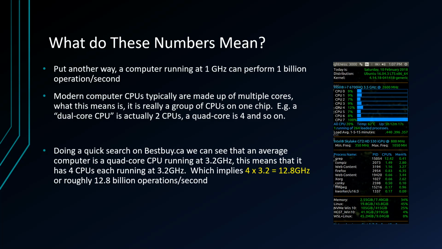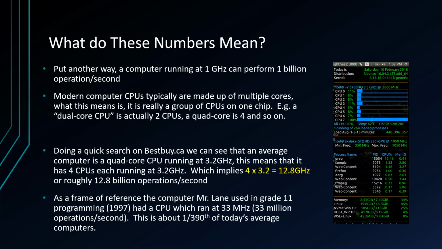This means that it has 4 CPUs, each of them running at 3.2 gigahertz. So the math says, well, if I have 4 of them, then I say 4 times 3.2, which is 12.8 gigahertz, or roughly 12.8 billion operations per second. That's quite a bit faster than 1 billion operations per second. So you can see how the multiple cores actually help this thing.